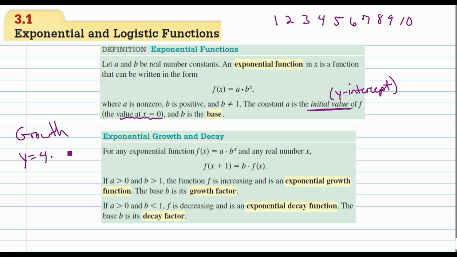But if b is, let's say, 3 to the x power, I don't know exactly what that looks like, but I do know that exponential growth functions look like this. This y-intercept, or initial value, if I plug in 0, 3 to the 0 is 1, 4 times 1 is 4, so that's (0, 4).